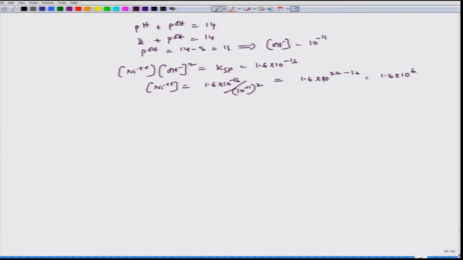This is the concentration level of nickel ion in that solution.